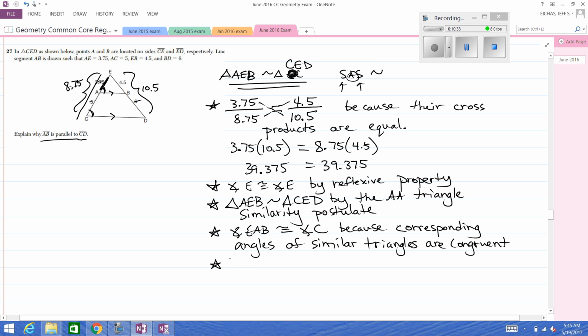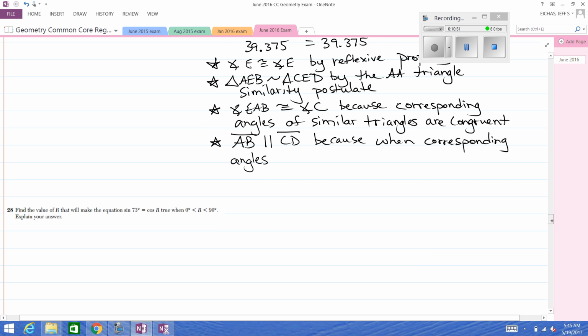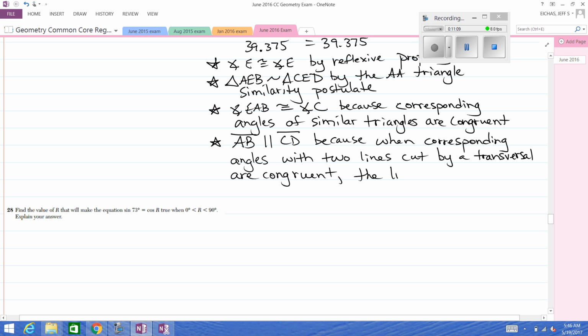And because of that, AB is going to be parallel to CD, because when corresponding angles with two lines cut by a transversal are congruent, the lines must be parallel.